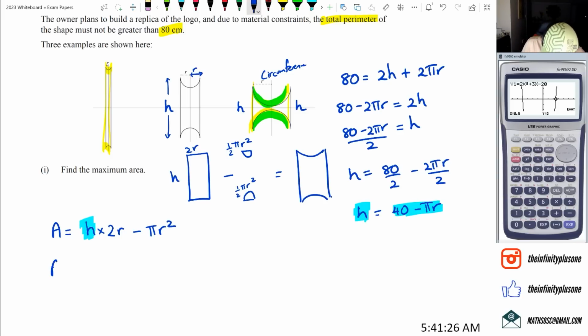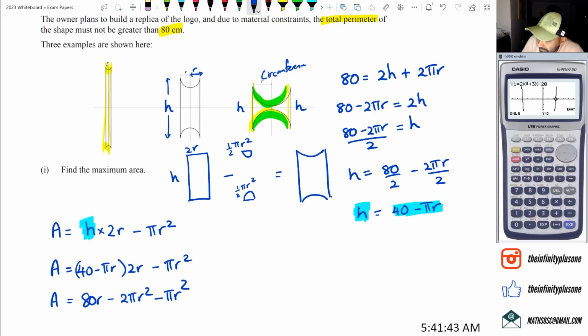When I do that, I get area equals 40 minus pi r, multiplied by 2r minus pi r squared. So A is equal to 80r minus 2 pi r squared minus pi r squared.